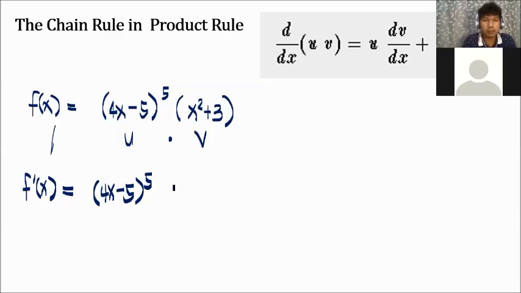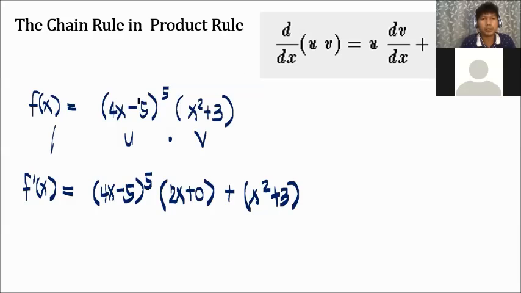The derivative of v is just 2x plus 0. Then plus the copy v. V is x squared plus 3. And derivative of u is just 4 minus 0.